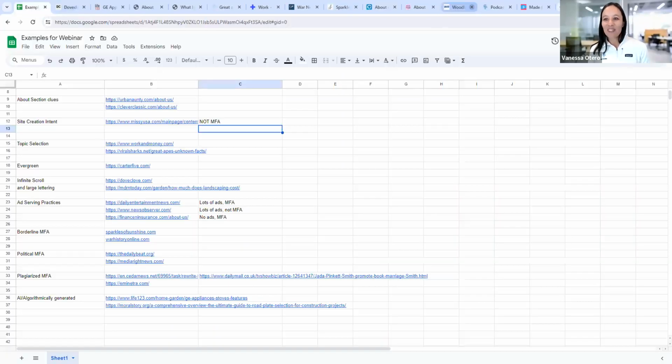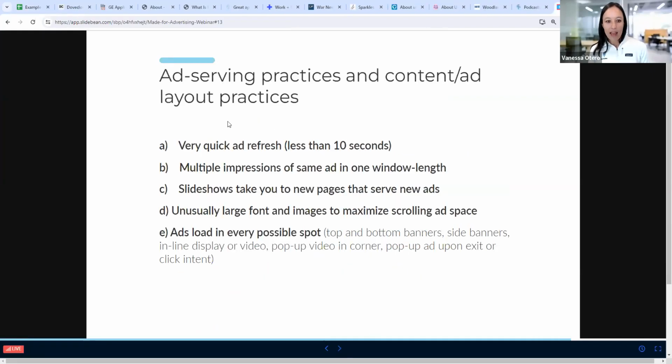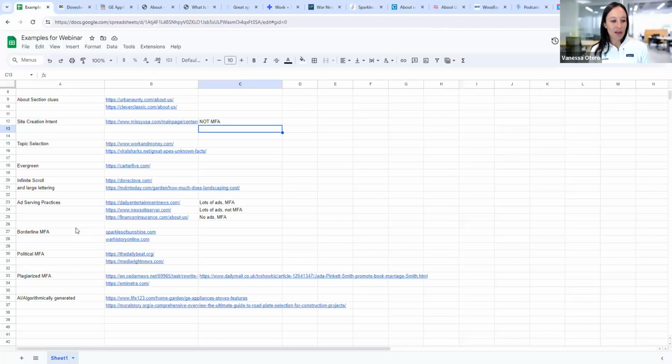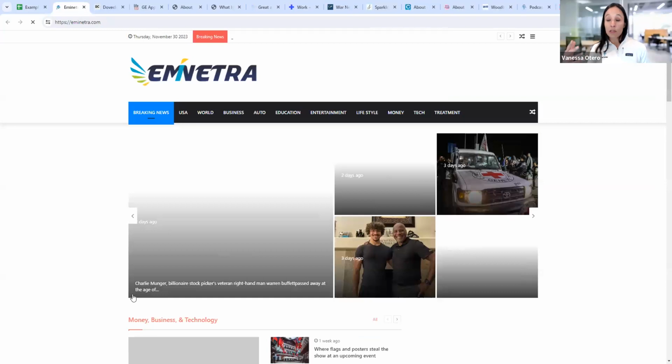But a couple more things. Ad serving practices, we saw that. Let me end on a couple of others. We see lots of plagiarism, especially with news sites.